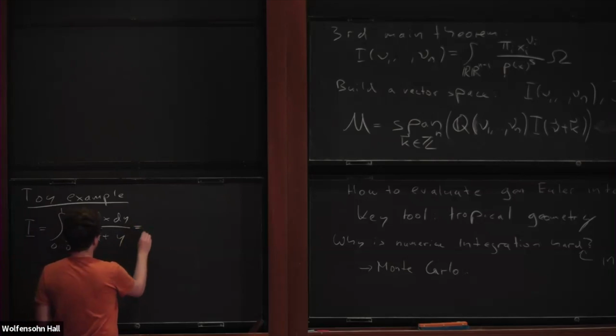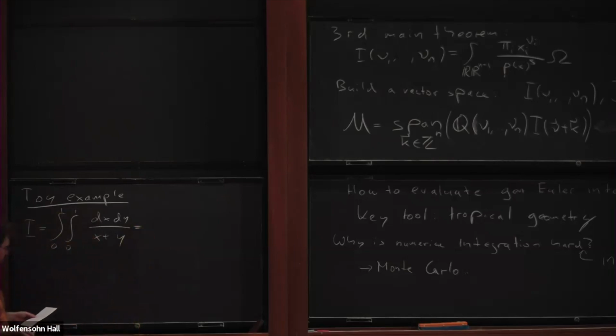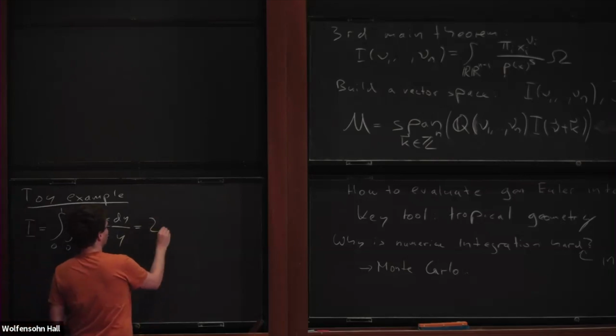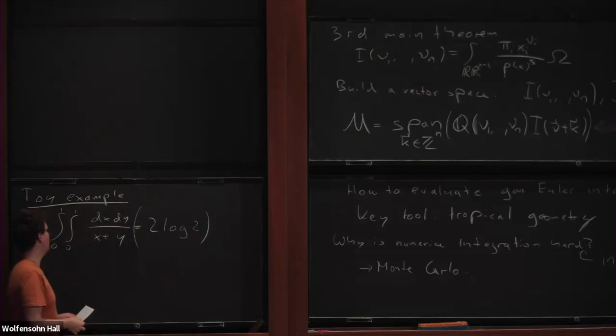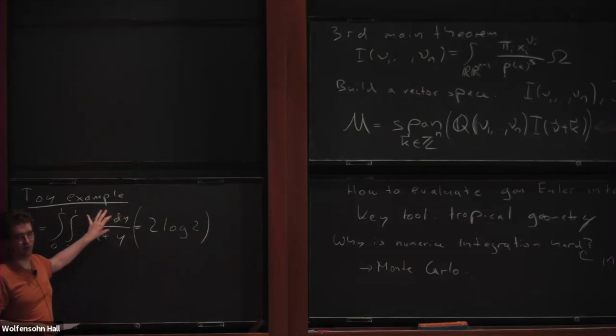And if you're very good with integrals, or you type this into a decent computer algebra system, you can find that this is equal to 2 log 2. But we are imagining now that we don't know this, and we want to evaluate this integral the brute force way by Monte Carlo.